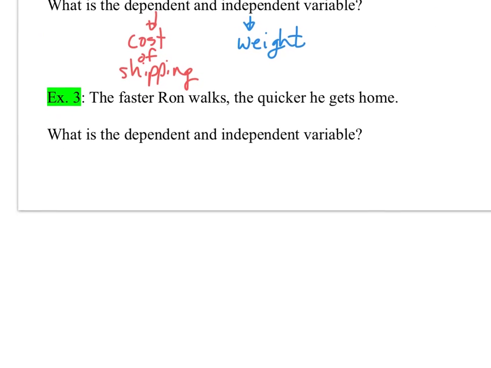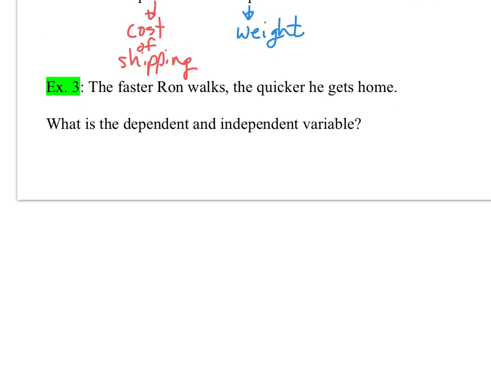So same thing for example 3. I want you to stop the video and you determine what affects what drives what. Okay, we've got the faster Ron walks, the quicker he gets home. So we're comparing Ron's speed for walking versus the time it takes him to get home.